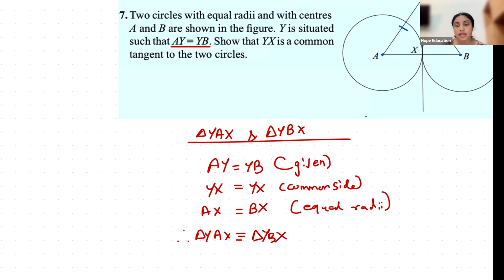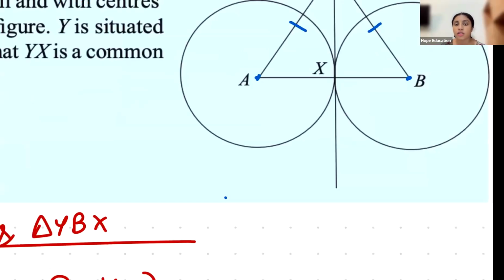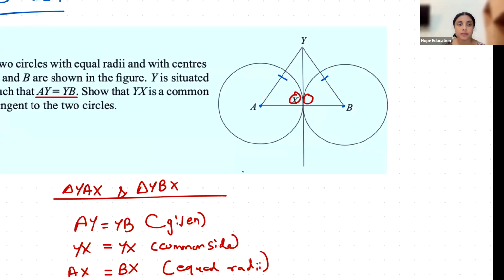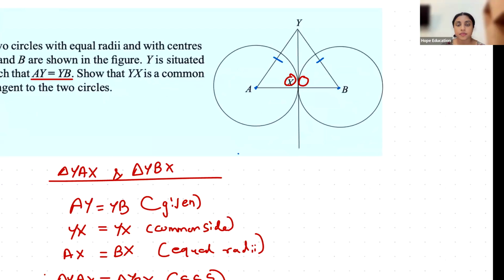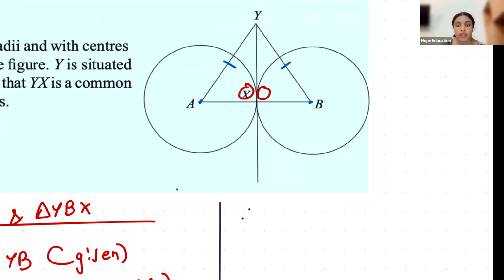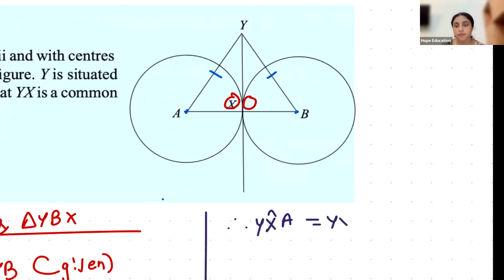under the SSS case. Because of that, we can say these two triangles are congruent, so this angle and this angle are equal. So let's write that. Therefore, YXA is equal to YXB.